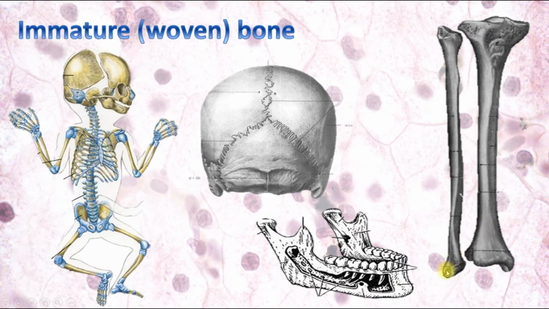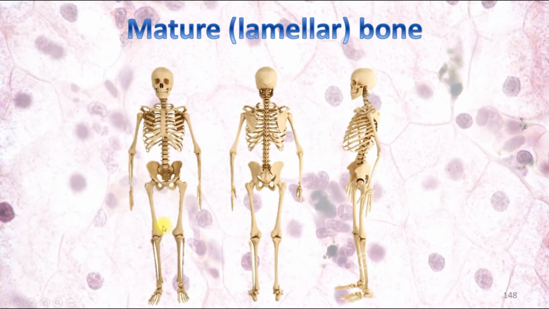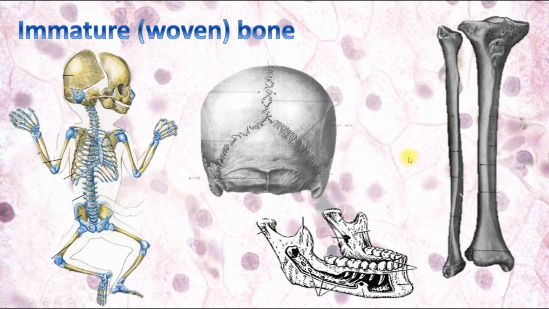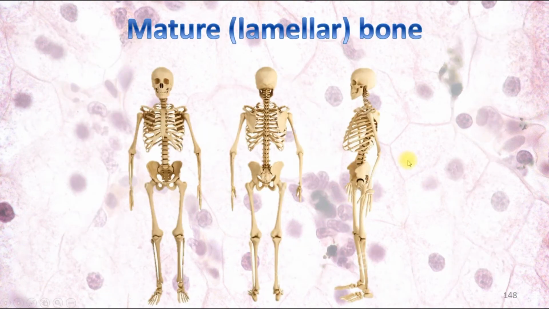In those places, bones contain immature woven bone. There are places where adults do have fetal type of bony tissue. And all fetal bones are made up of immature woven bony tissue. Almost all bones of adults, except these places, are made up of mature or lamellar bone or secondary bone.